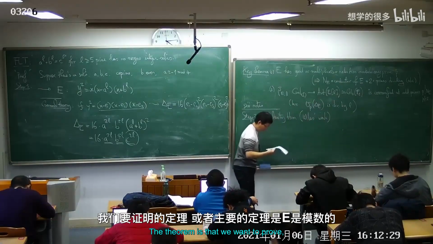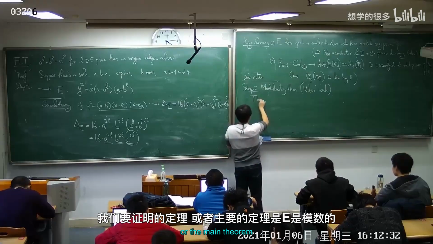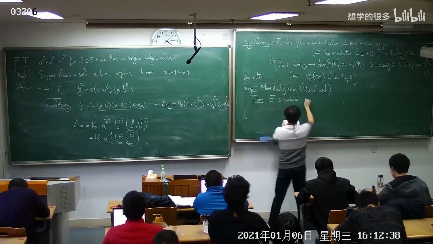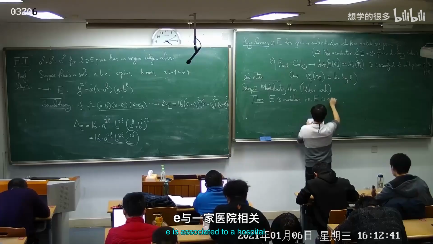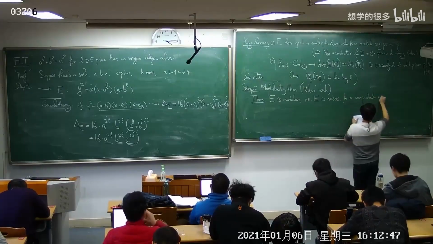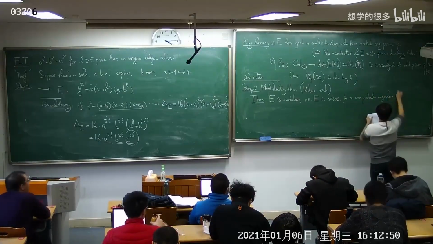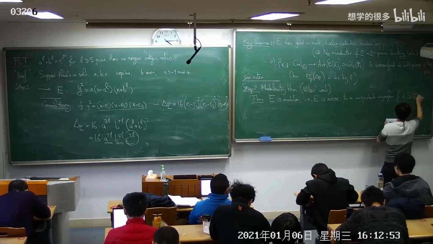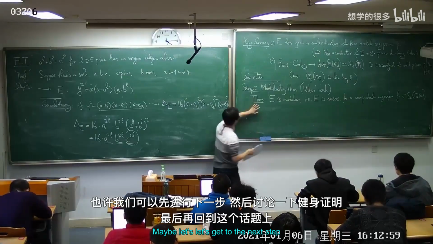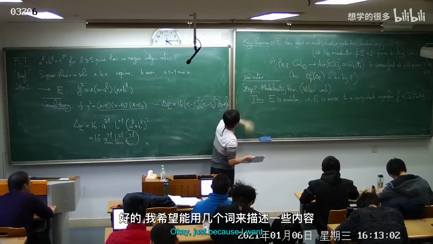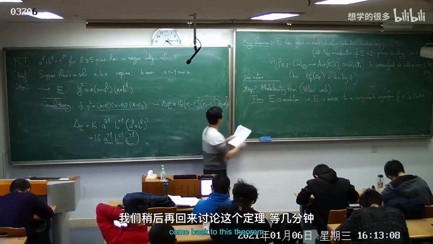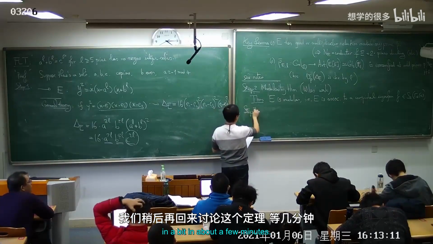The main theorem we want to prove is that E is modular, i.e., E is associated to a cuspidal eigenform F. Let's get to the next step and then talk about the proof and then come back to this, because I just want a couple of words about where I use things. So let's come back to this theorem in a few minutes.